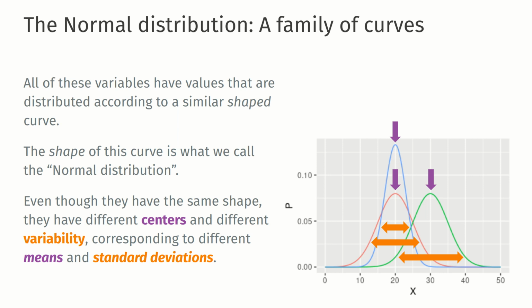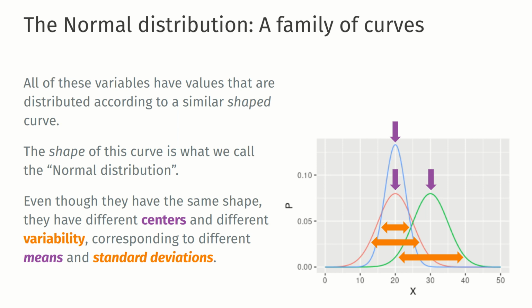When we're talking about the normal distribution, we're talking about almost an entire family of curves, an entire family of shapes that all have this same look to them. But in any particular application, even though they all have the same shape, they have different centers and different degrees of variability. This corresponds to our measures of central tendency and variability that we've talked about before, namely the mean and the standard deviation.